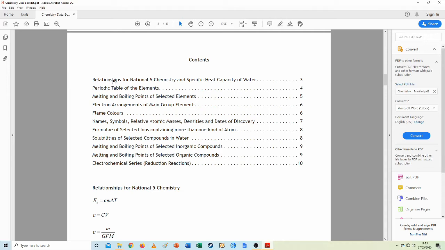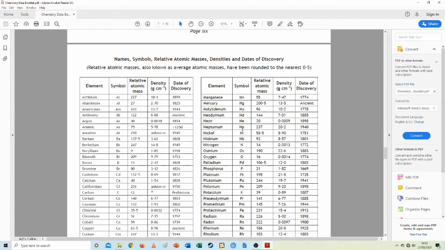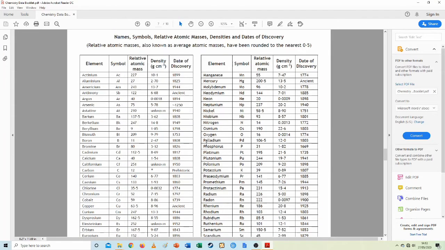We are looking for the relative atomic masses of our different elements, and that is on page 7. So we'll scroll down to page 7, and we've got basically a massive table of most of the elements, and the thing that we're interested in is the relative atomic mass.